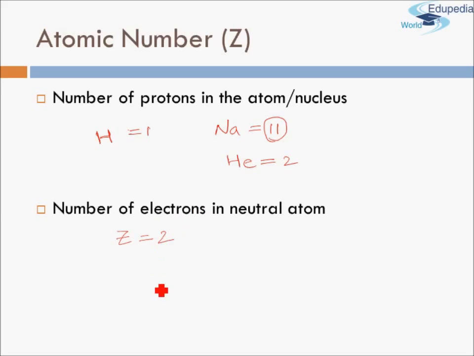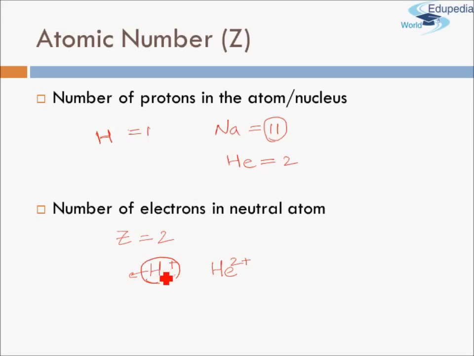But if the same helium atom is charged, alright, let's say helium loses one of its electrons, so it is He+ now, or let's say it loses both its electrons, so it is He2+ now. So does this change the atomic number of helium nucleus? No, it does not. Okay, the He+ still has a nucleus with 2 protons, so atomic number of He+ here is still 2.